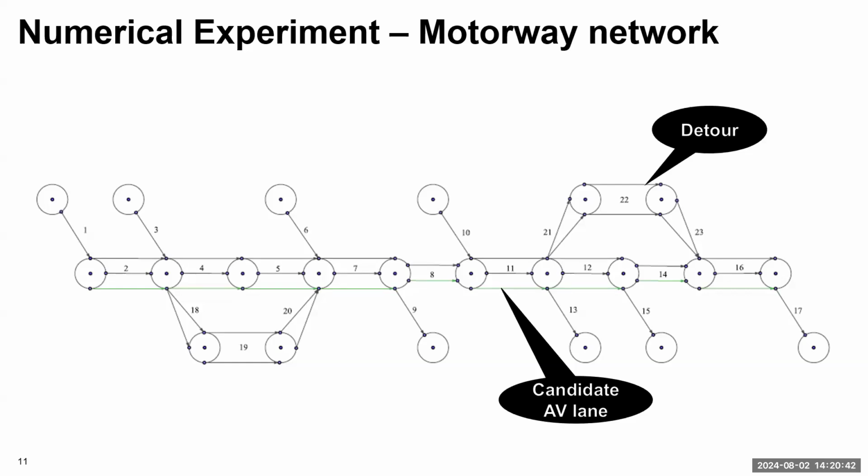It updates the percentage of AVs, and then says, okay, with this percentage all the lanes should be AV lanes, all these green ones should be switched on to get the maximum benefit in the network. And in that case, we had something like 67%.